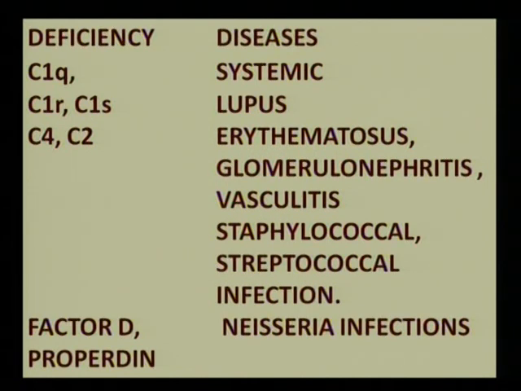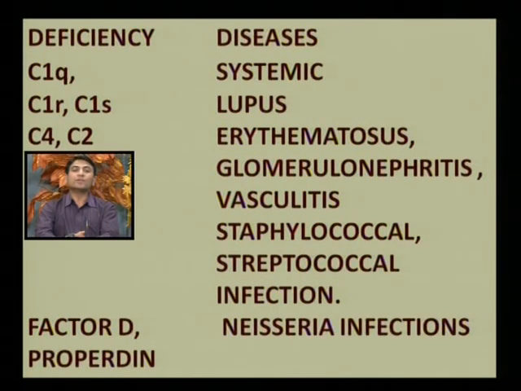A number of these regulatory proteins are there. If these proteins are not there, deficiency of the complement system occurs, which leads to different kinds of diseases. For example, deficiency in C1q, r and s leads to systemic lupus erythematosus, a generalized autoimmune disease, and deficiency in C4 and C2 leads to glomerulonephritis, vasculitis, and staphylococcal infections.